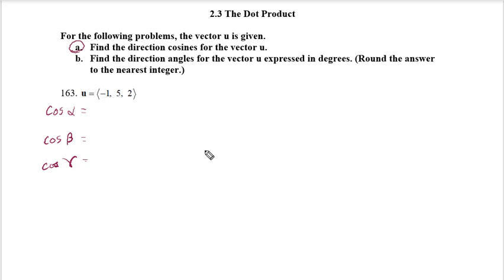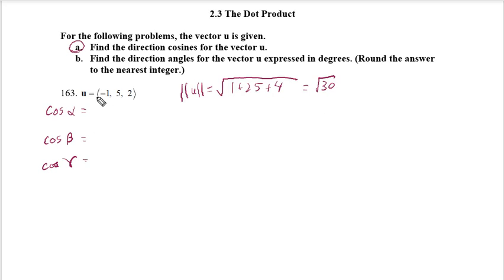And it's just a matter of knowing the formula. Look it up in your notes. We need the magnitude of the vector. Negative 1 squared is 1, 5 squared is 25, and 2 squared is 4. So that comes out to be a square root of 30. That doesn't simplify, so we'll just leave it like that.